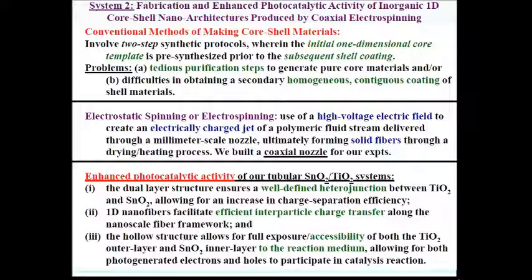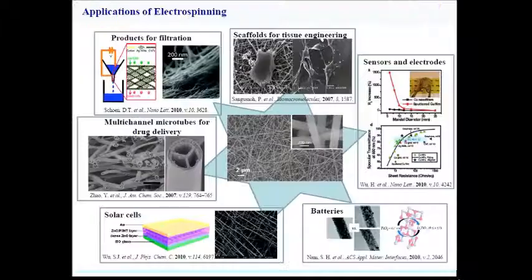It's still solution-based in many respects, but we actually had to use electrospinning in order to really make a homogeneous core shell material. Just to remind you, electrospinning has been used to make products for filtration, scaffolds for tissue engineering, sensors and electrodes, batteries, solar cells, and channel tubules for drug delivery.